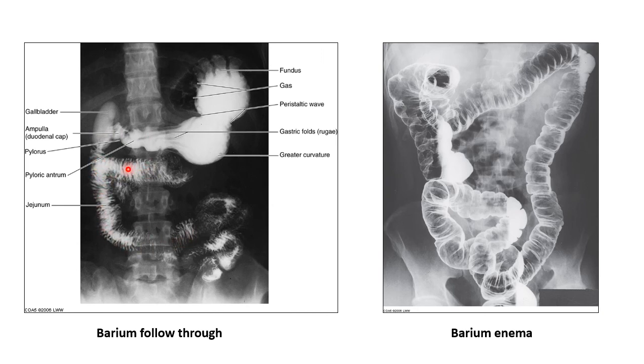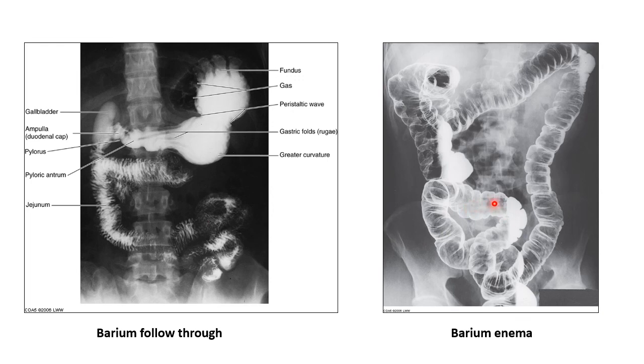One thing also to notice in the small intestine is this appearance. This is a very classical appearance of the small intestine in barium follow through. It looks feathery because of the plica circularis, or a lot of folds inside the small intestine. Now this is the barium follow through.